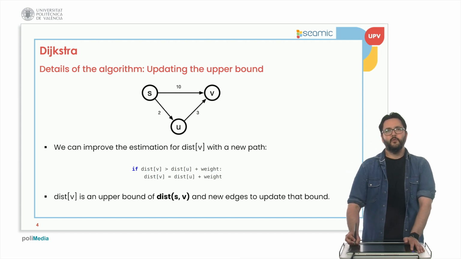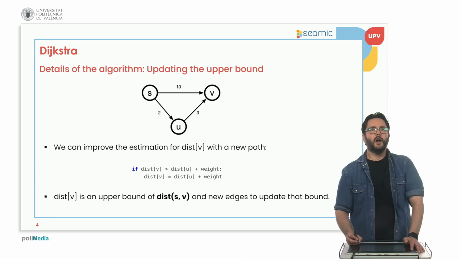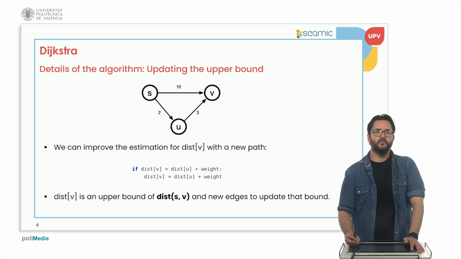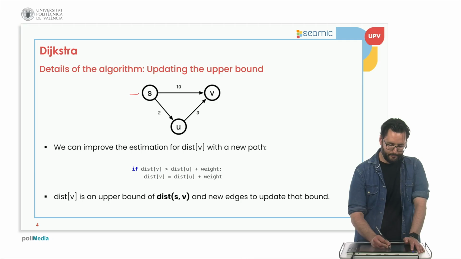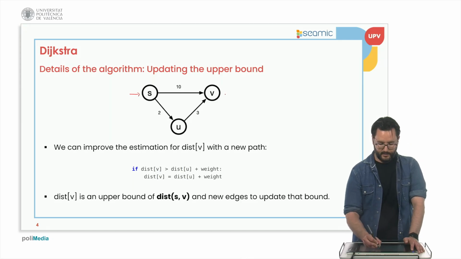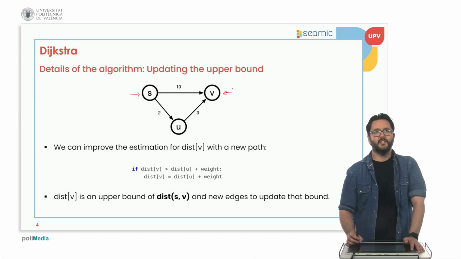During this algorithm, what we are going to do is to update this upper bound. So we have here a path already between S and B with cost 10.